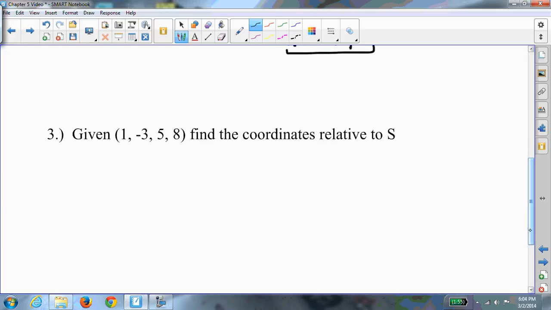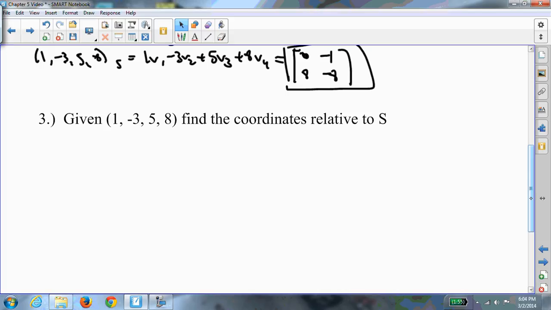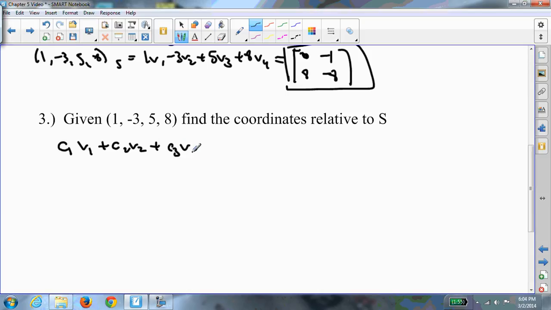So the reverse says, okay, I have 1, negative 3, 5, 8. I want to know what this coordinate would be relative to S. So the question is now, how many V1s plus how many V2s plus how many V3s plus how many V4s are necessary to equal 1, negative 3, 5, and 8.